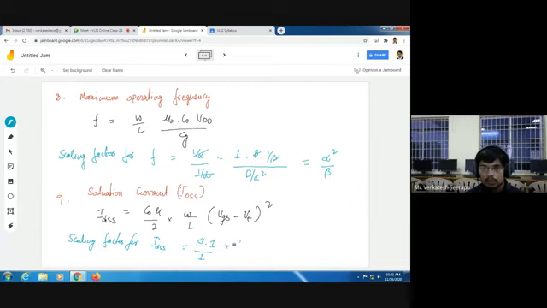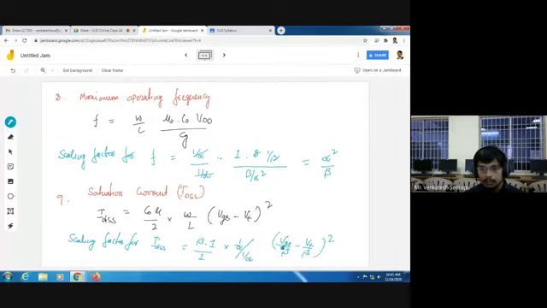W has a scaling factor 1 by alpha. Similarly, L also has a scaling factor 1 by alpha. All of you know that voltage has a scaling factor beta. So VGS minus VT by beta whole square.